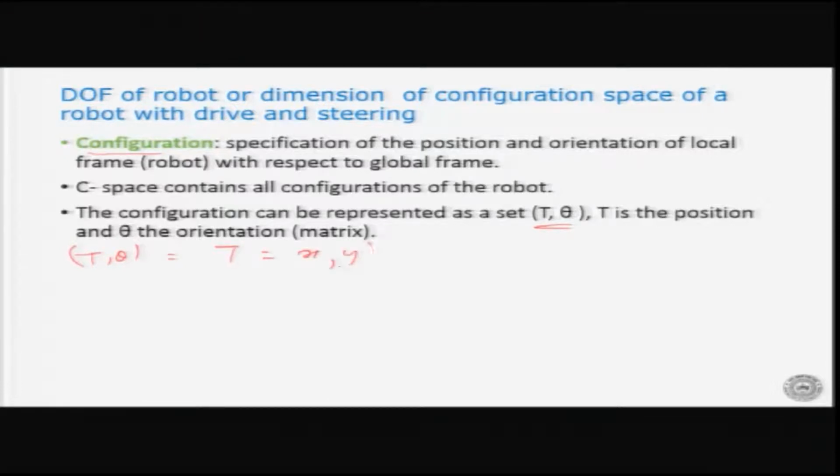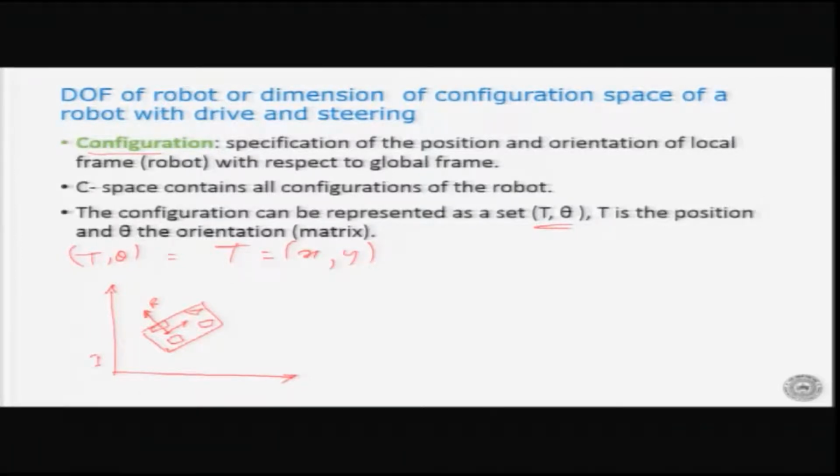Now we talked about two frames, right. So we had the car here, this was our car in the previous figure. If I draw it again, here I put a local frame which is like this. So this is my R frame, and let us call this the I frame, world frame or global frame.